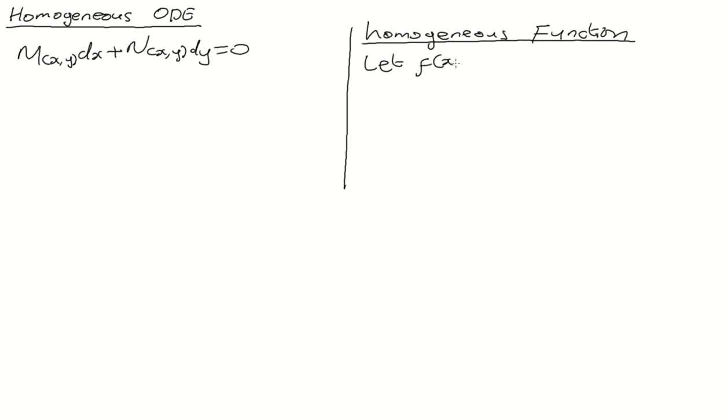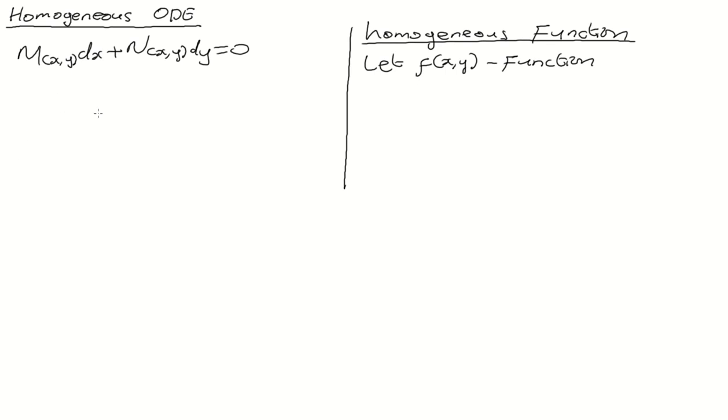Say we have f of x, y. This is a function. So this function here will be homogeneous only if it satisfies a certain condition. So what is that condition?